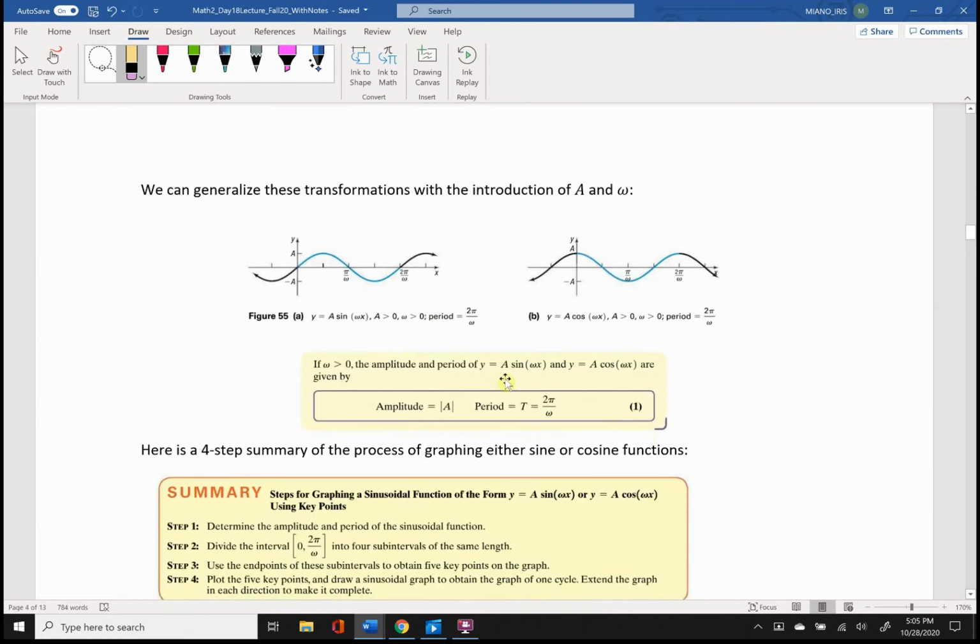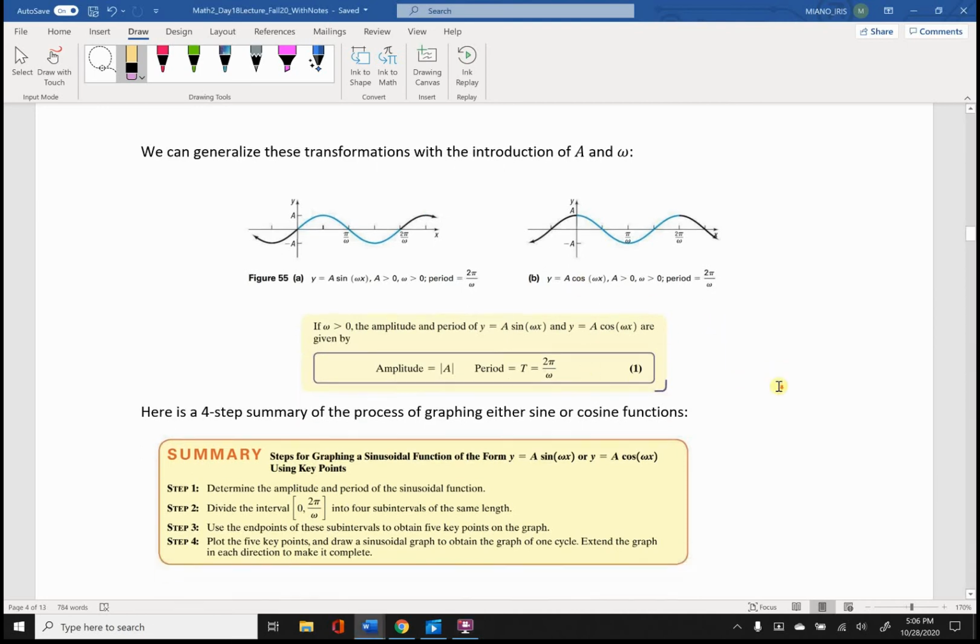So the amplitude is defined as the absolute value of the multiplier in front of the sine or cosine function, whereas the period is defined as 2 pi over the coefficient in front of the x, directly inside of the sinusoidal function.